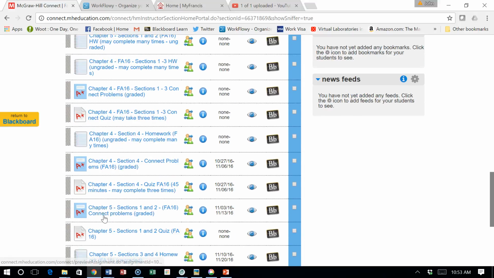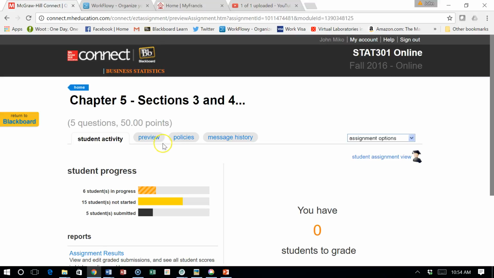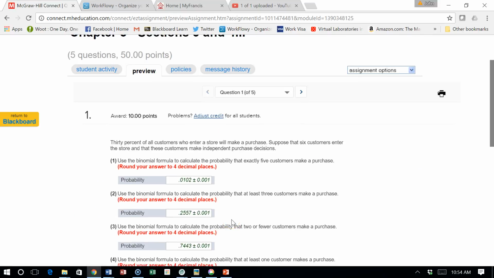So let's do Chapter 5, Section 3 and 4 homework. You'll see this is going to utilize binom dist and the Poisson function.